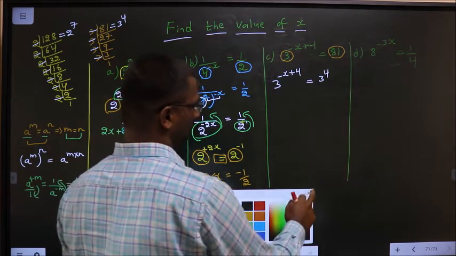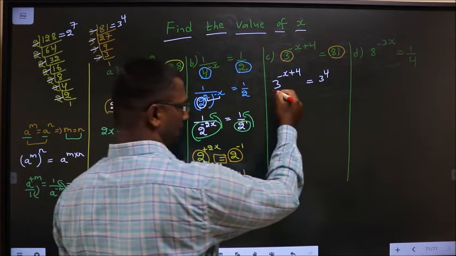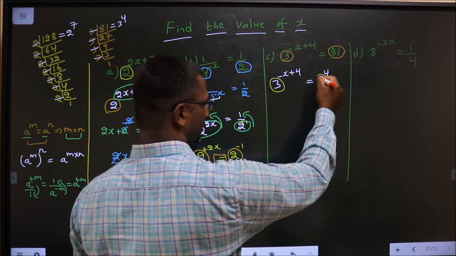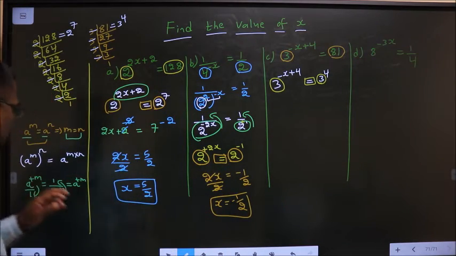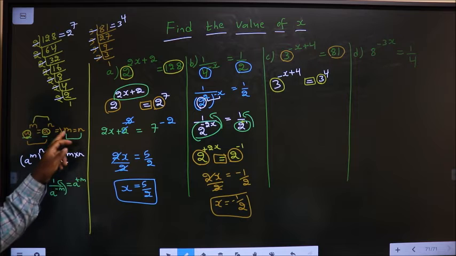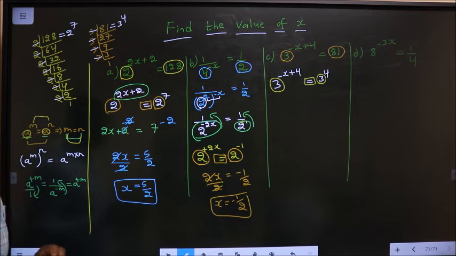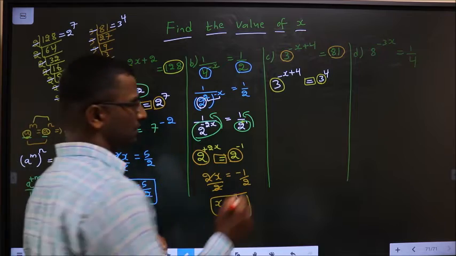Now your observation is the bases are same and you have equal to between them. Whenever the bases are same and equal to is present, that indicates that the powers should also be same. So equate the powers.